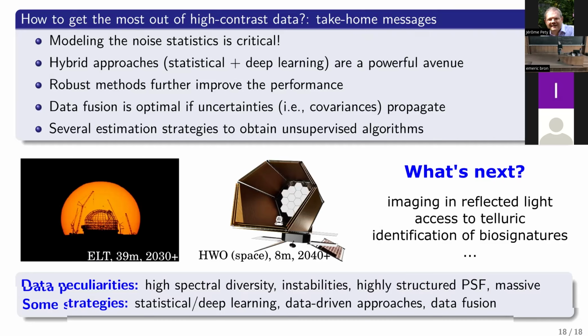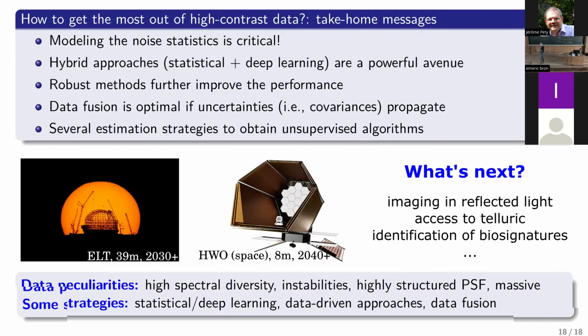And of course, in the future, we will be fed by more complex data from the giant projects under construction, such as the VLT, or projects in preparation such as the Habitable Worlds Observatory. And by more complex data, I mean, for instance, data with significantly higher spectral resolutions.